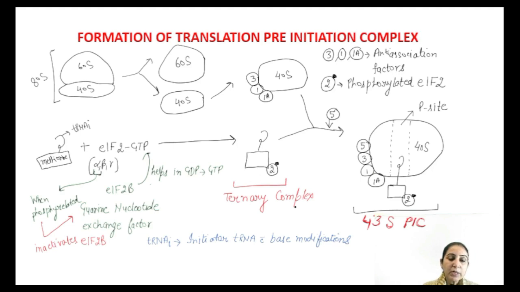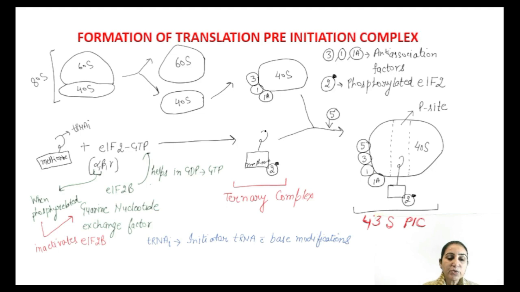So the ternary complex is when the initiator tRNA, that is already bound to the methionine here, binds to initiation factor 2 in the GTP-bound form. So this whole thing is the ternary complex.